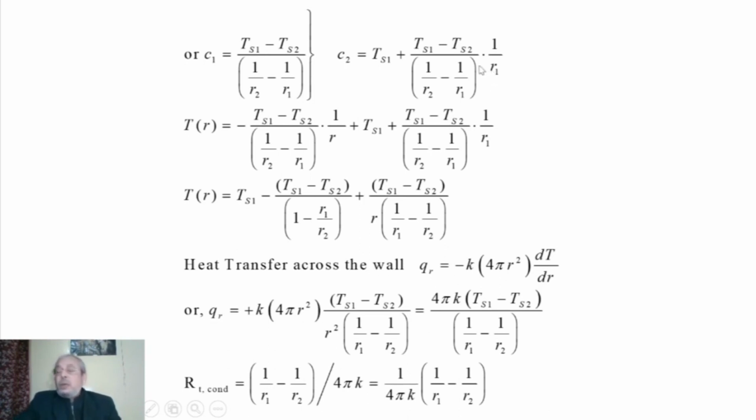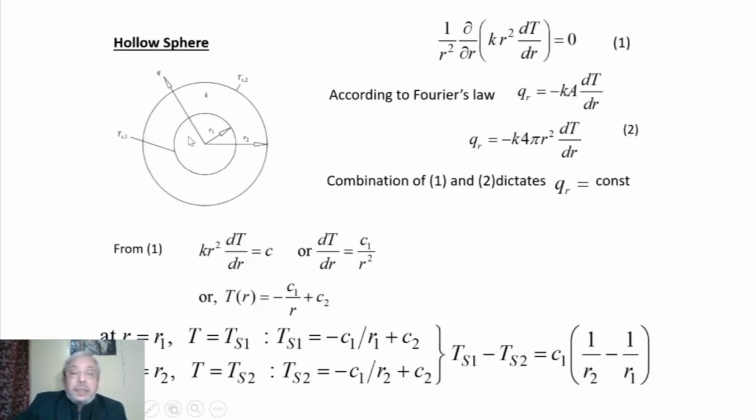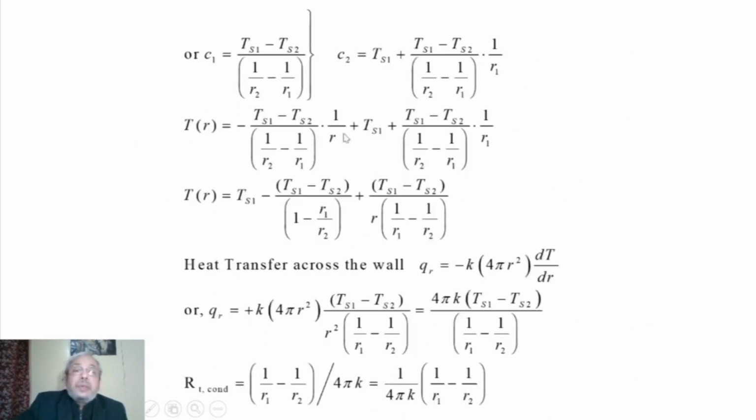So now we can get the temperature distribution. We have already found the expressions for C1 and C2, and T of R equals minus C1 into 1 by R plus C2.